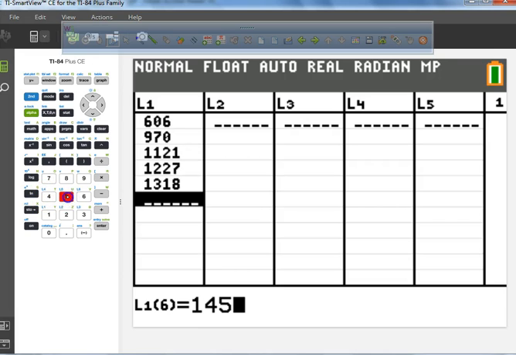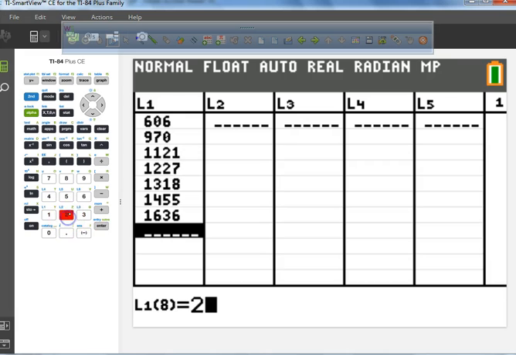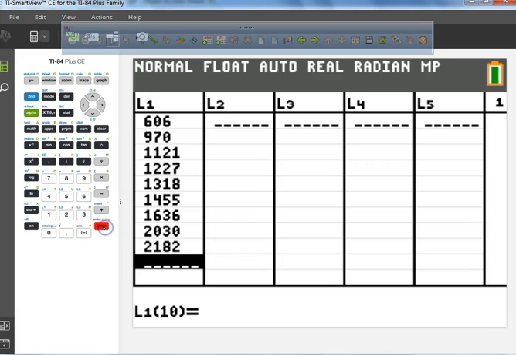Yeah. 1,636. 2,030. 2,182. 2,240. All right. Does everybody agree? Look at my screen. Does everybody agree? Right here, those are the correct numbers. Did not type anything wrong. So far, so good?